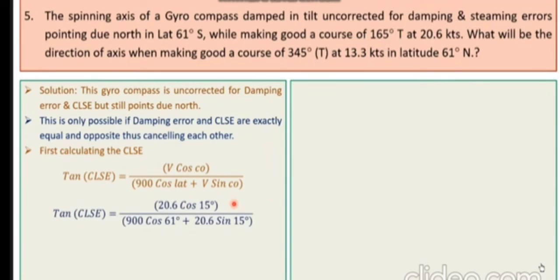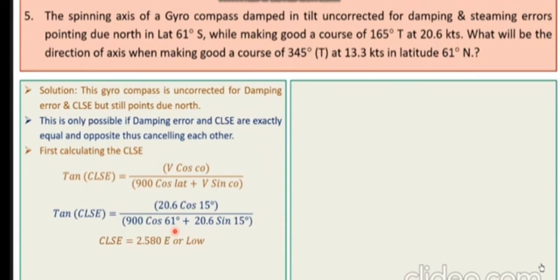Putting the values here, we get 20.6 cos 15 degrees divided by 900 cos 61 plus 20.6 sin 15 degrees. The course is south 15 degrees east, which is 165 degrees true. The speed is 20.6 knots given to us, and the latitude is 61 degrees south.